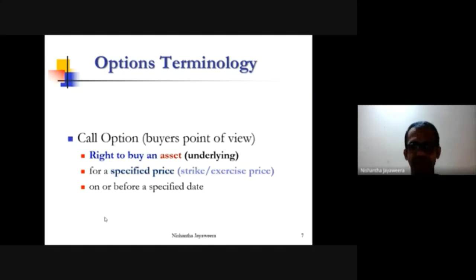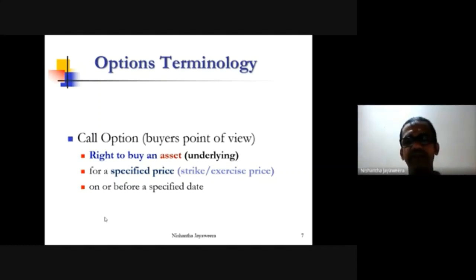Then now we'll come to the exact specification of options. We can group options into two categories, depending on the right the buyer gets. What is the right that the buyer gets?